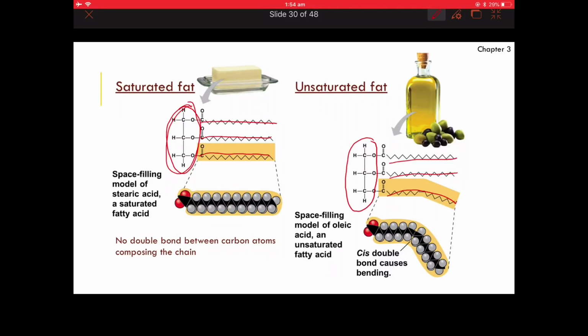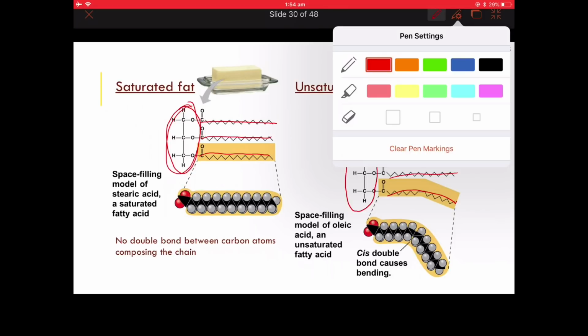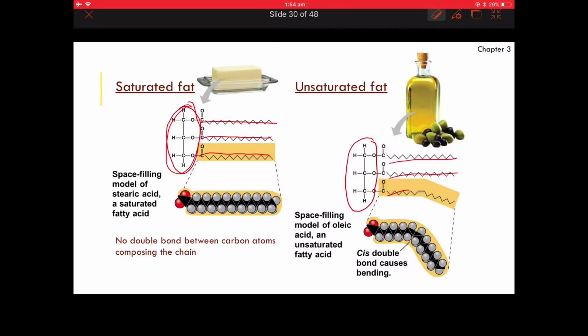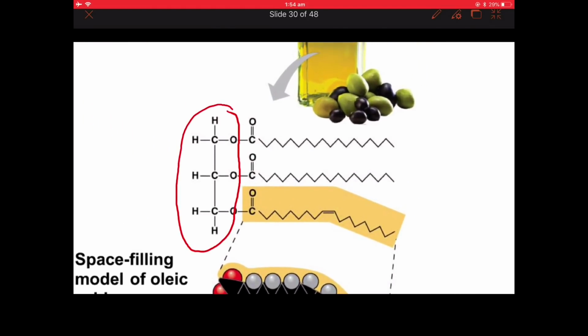If you look closely, and I'll erase this one so we can zoom in, that one of the fatty acids واحد من الأحماض الدهنية يوجد فيه double bond بين الكربونز. فهنا يكون في الأحماض الدهنية double bond بين الكربون والكربون.